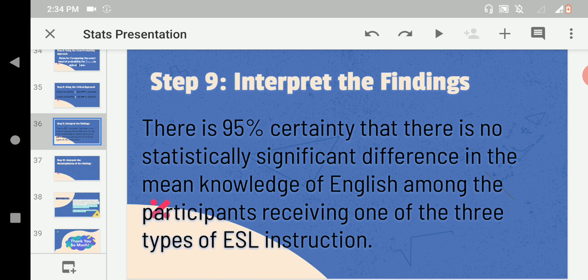If you observe the words, they are almost the same as the hypothesis. You just have to add the percentage. Is it 95? Is it 99.9? And so on. However, just like what she said, since the research is exploratory, we have to use 0.05.